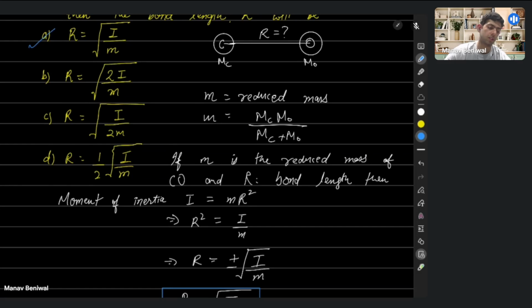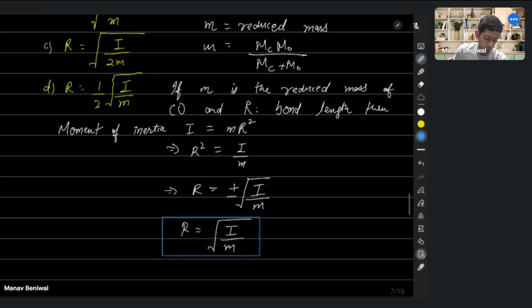Okay, so once we know reduced mass of a molecule and its moment of inertia, then the bond length is simply square root of the ratio of the two. So I by M, and then take their square root, so we will get bond length.